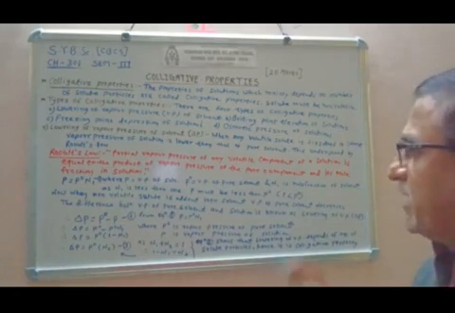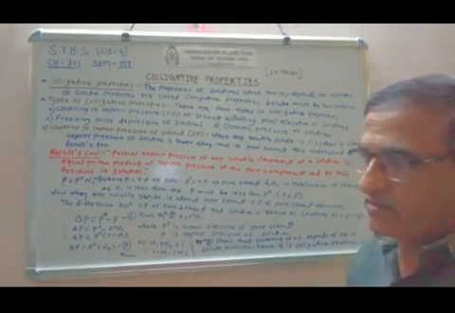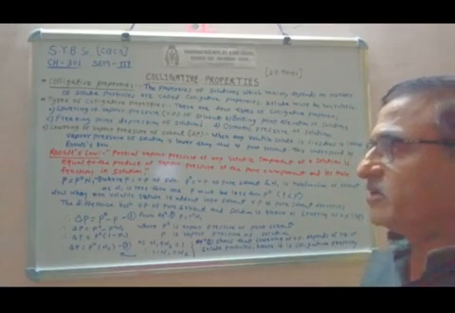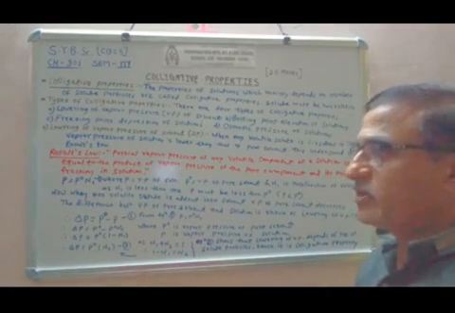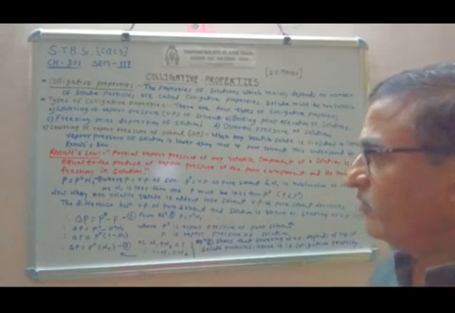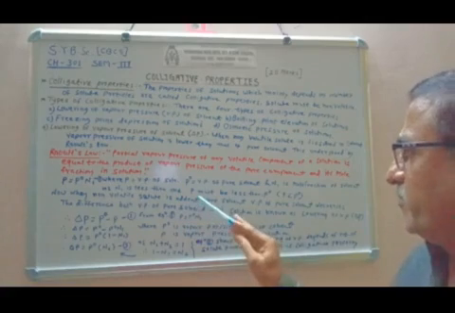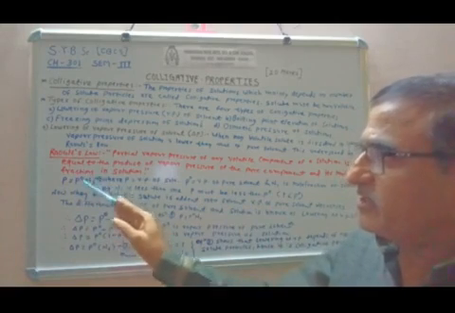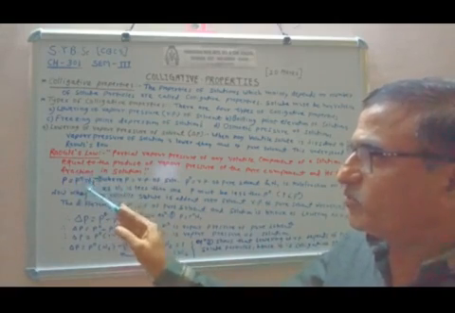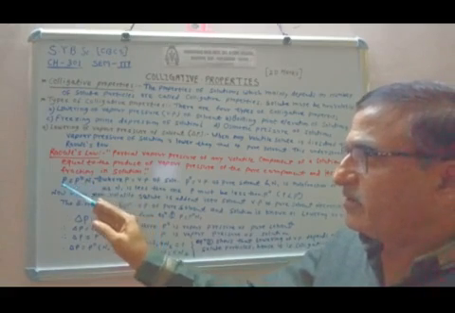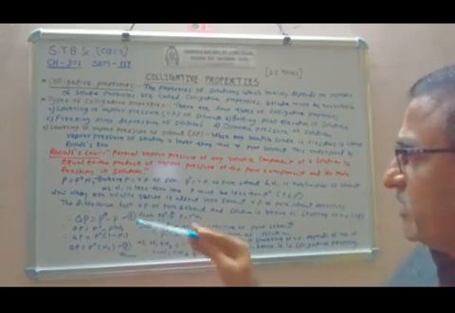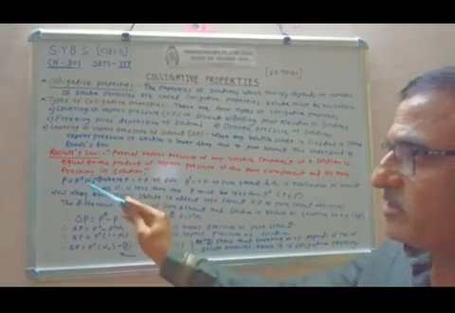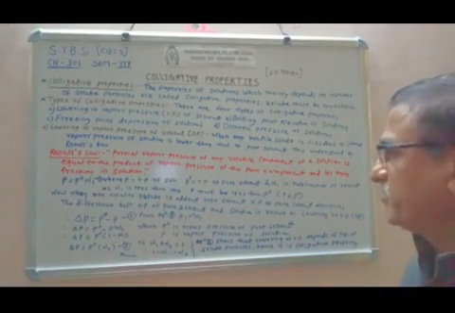Now N1 and N2 are mole fractions, and N1 plus N2 is equal to 1, so both are values less than 1. So P must be less than P0, because when N1 is a fraction, the product becomes less.